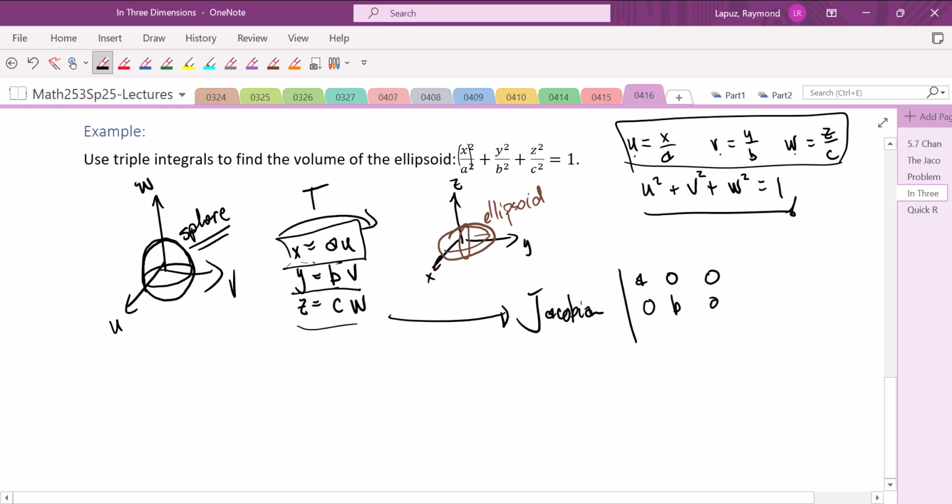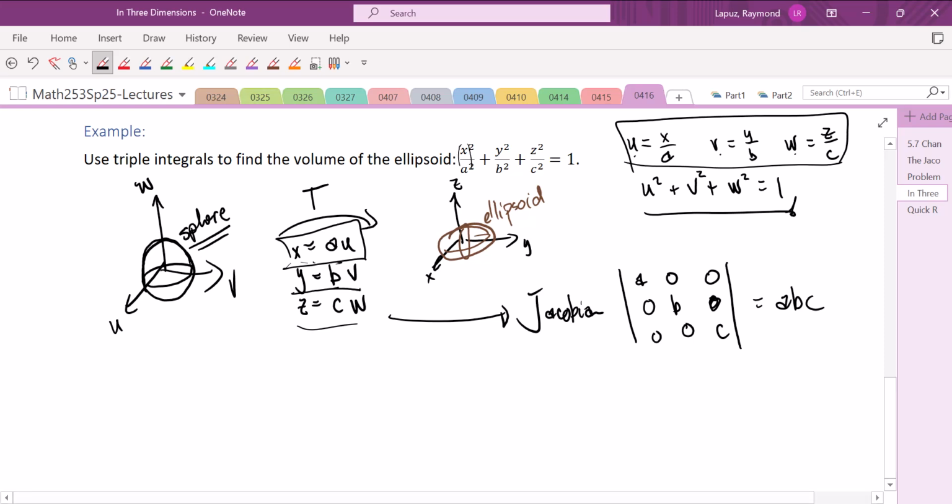And in the last row, the derivative of z with respect to u, v, and w. So this is a triangular matrix. The determinant of a triangular matrix is just going to be the diagonal multiplied together. So that's a times b times c.